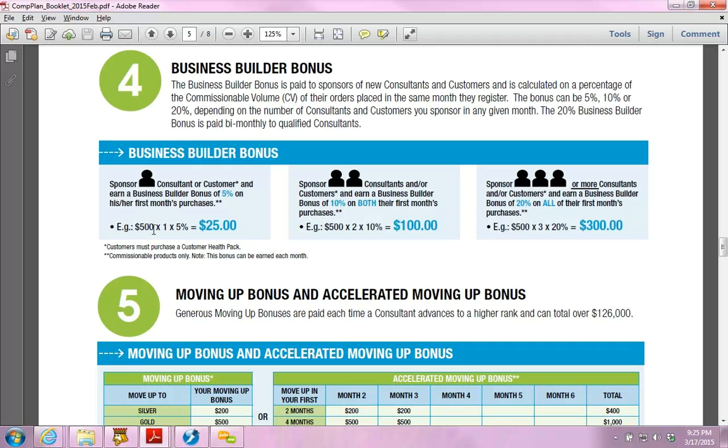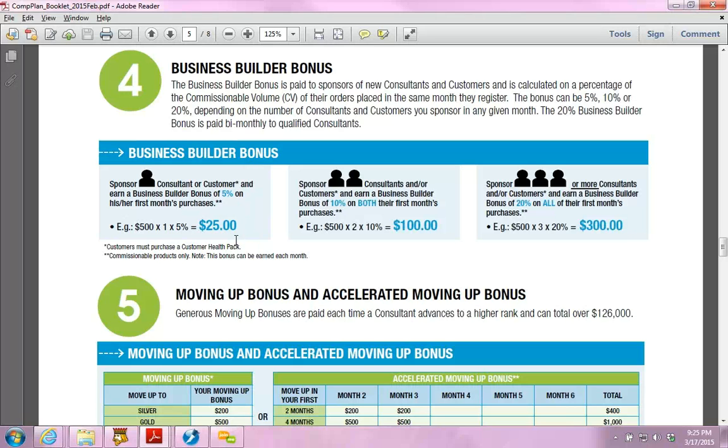If you signed up somebody for, shall we say, a $500 purchase, which is basically that $2,000 package that a new consultant could buy. They're rounding the number up so it's easier to look at. So if you sign up one consultant for that $500 package, you're going to get a 5% bonus for that, which is $25.